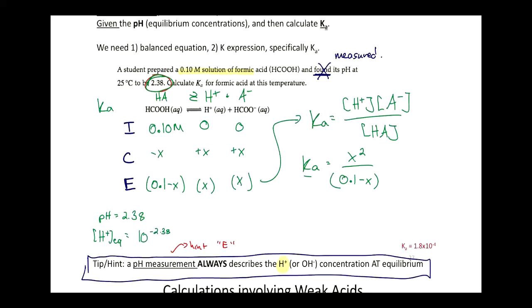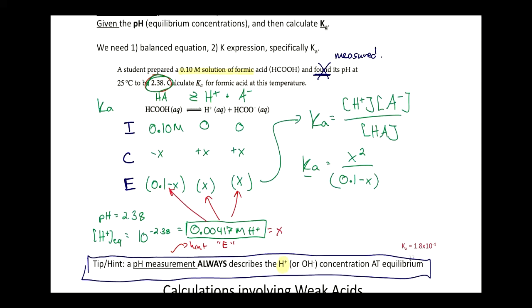All right, and so if you plug that into your calculator, you get that the H plus concentration is a small number, 0.00417 molarity H plus. That number, that H plus concentration is X. That's X. So you can just go ahead and shove that number back into your equilibrium line.